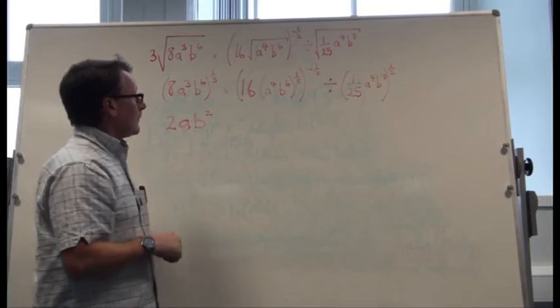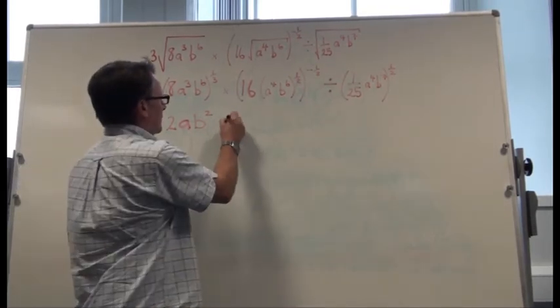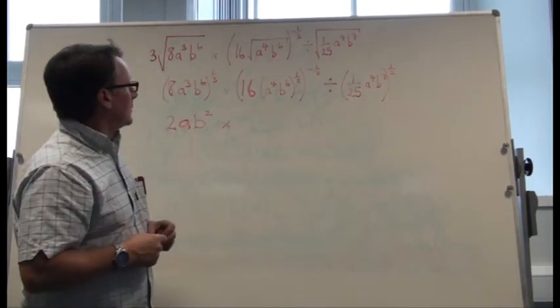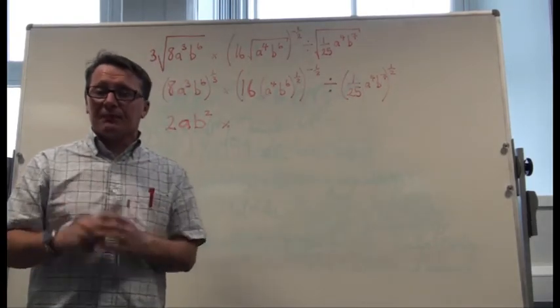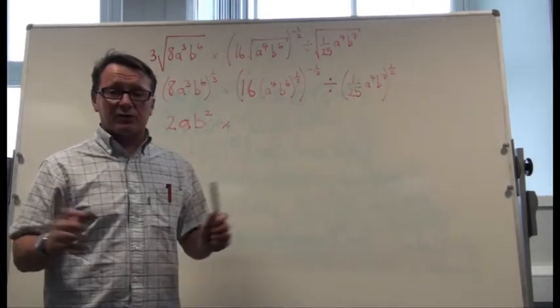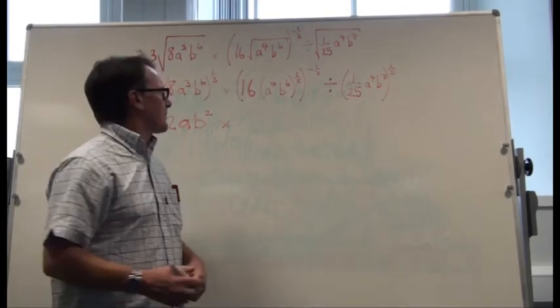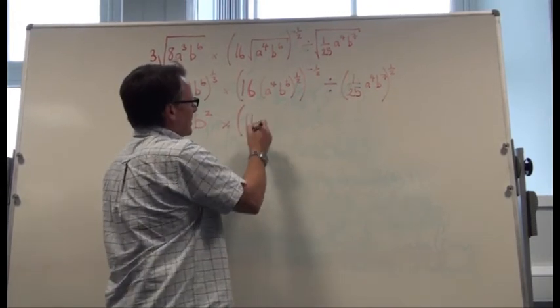Similarly, in the next expression, let's deal with the inner bracket first of all, and leave the outer bracket. That's probably a better way of doing it. Let's try not to do too many steps at once. So I'll leave the outer bracket. So I've got 16.